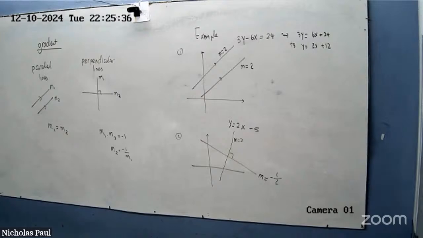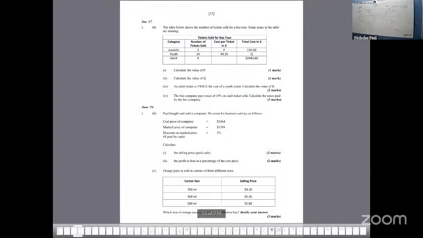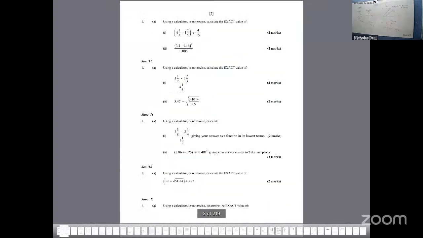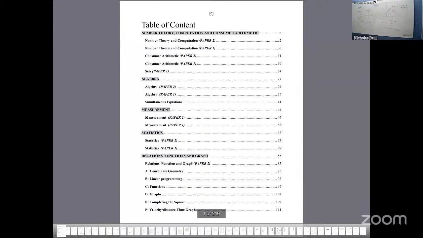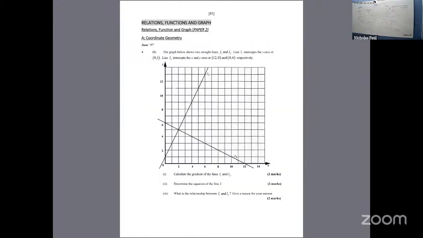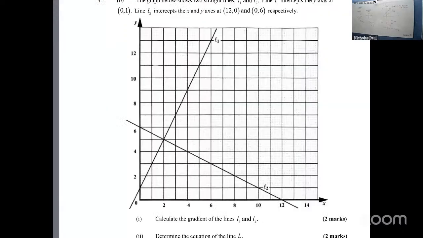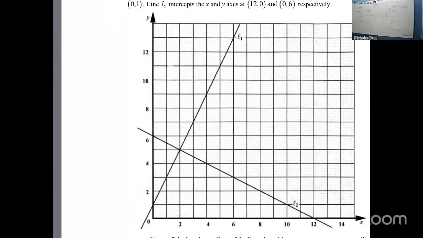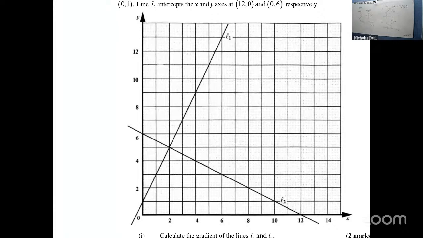Now we can take a little glance at the question. That's question 1.